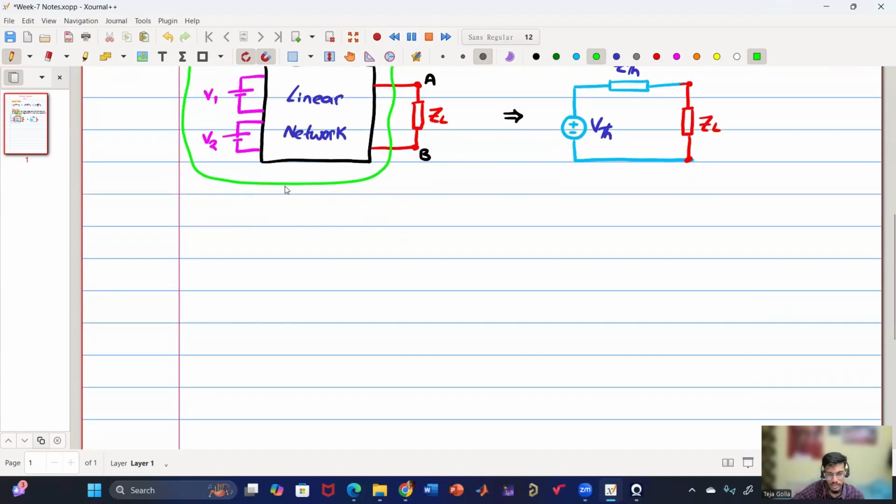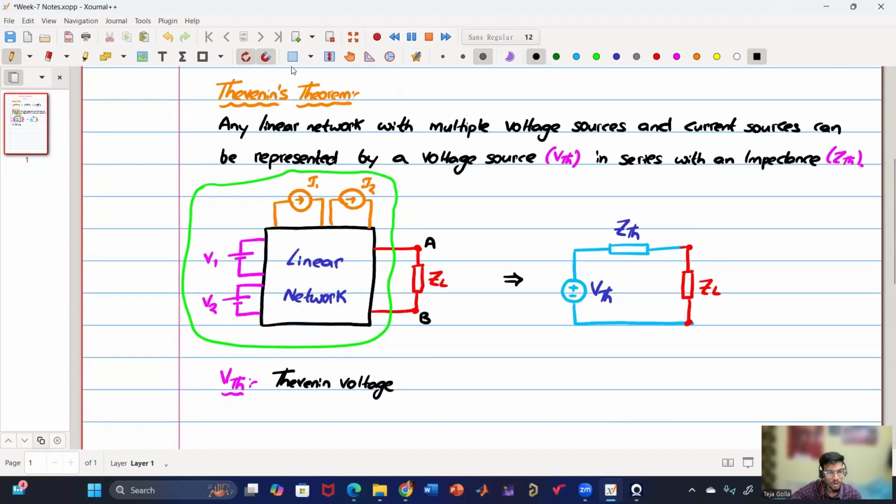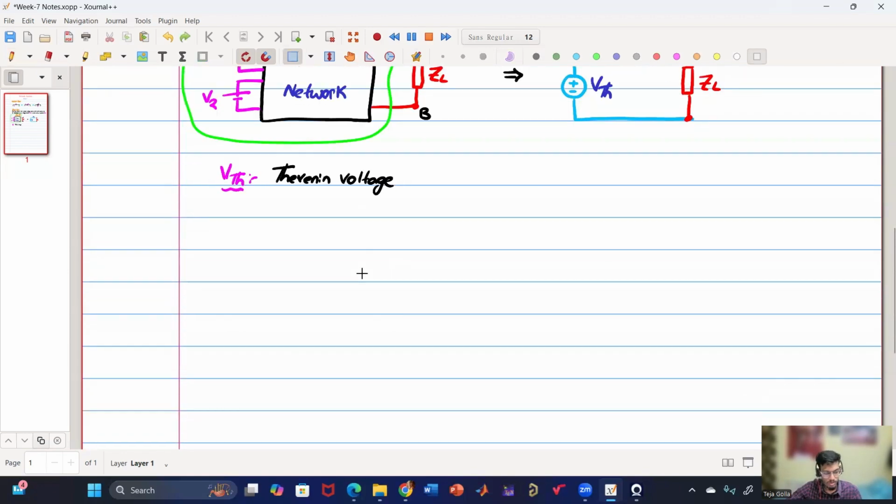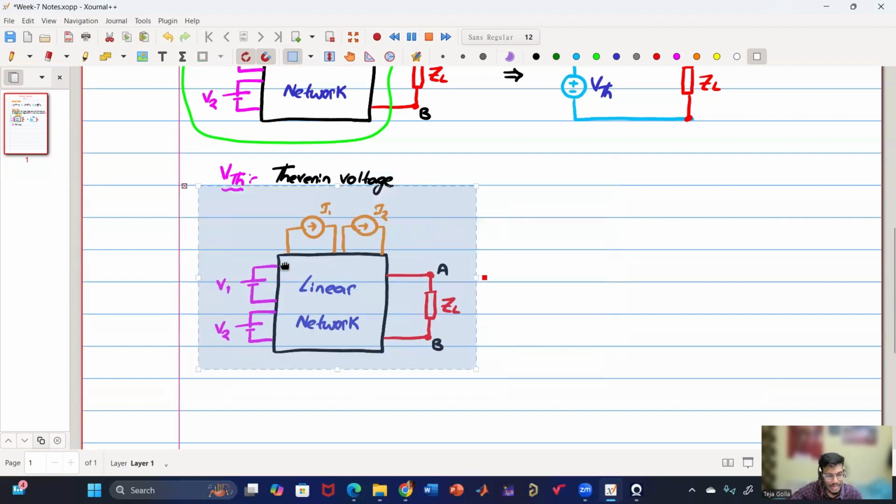So if we think about VTH, which is called the Thevenin voltage, how do you calculate Thevenin voltage?